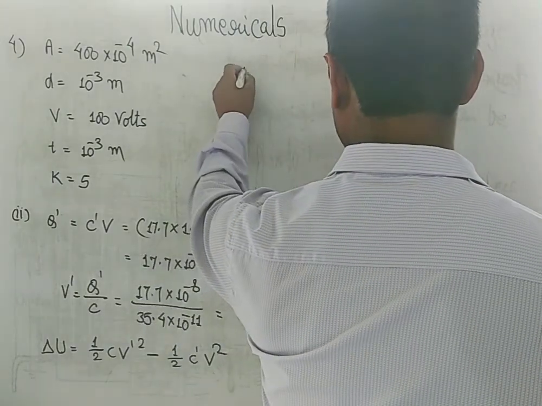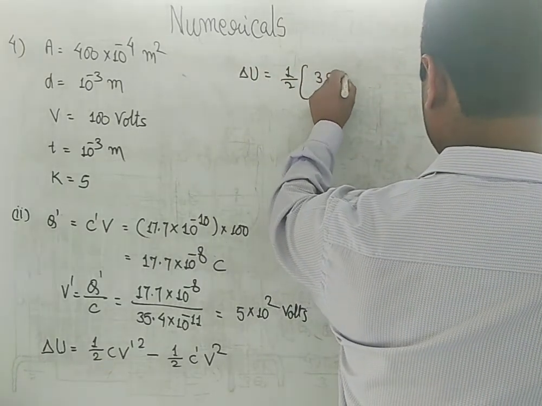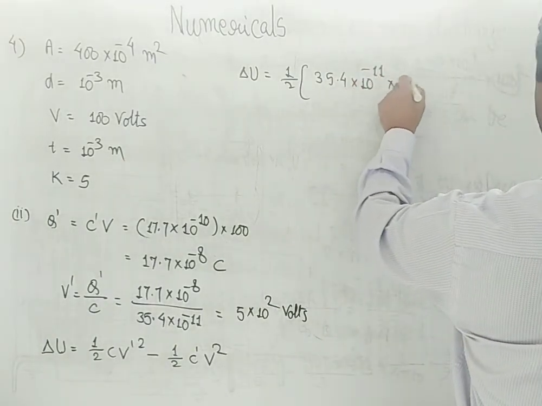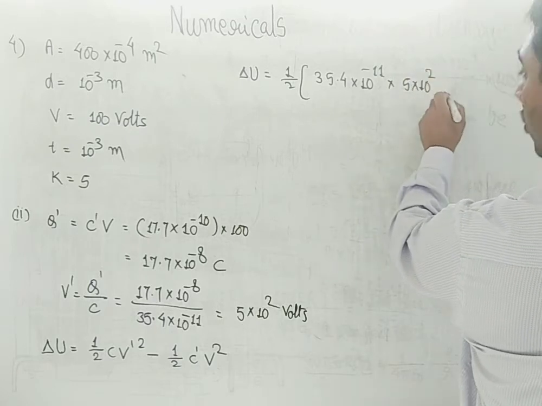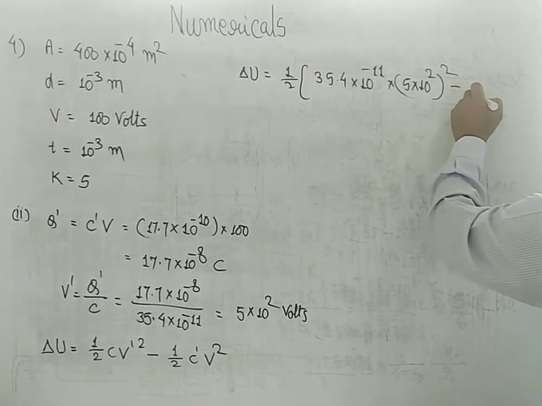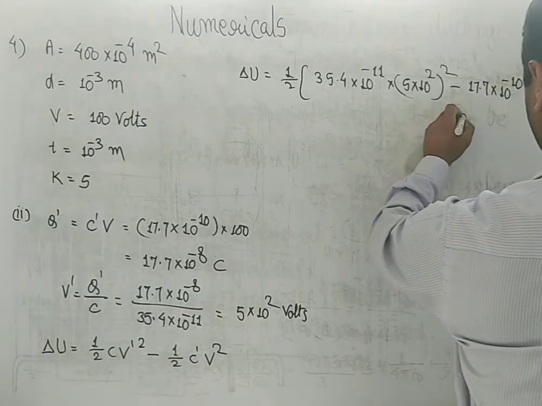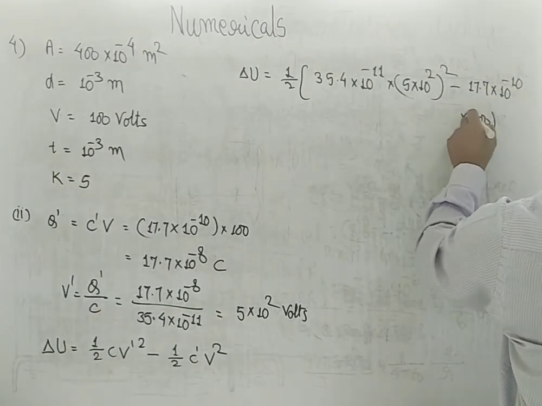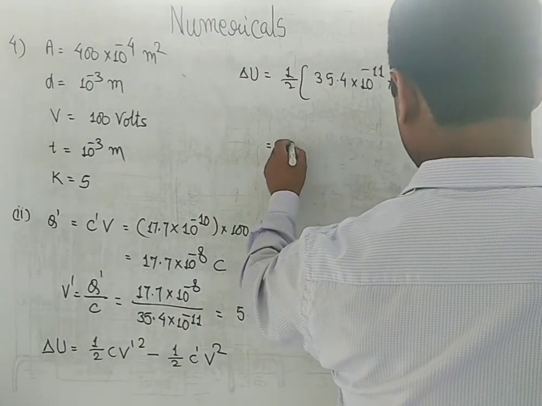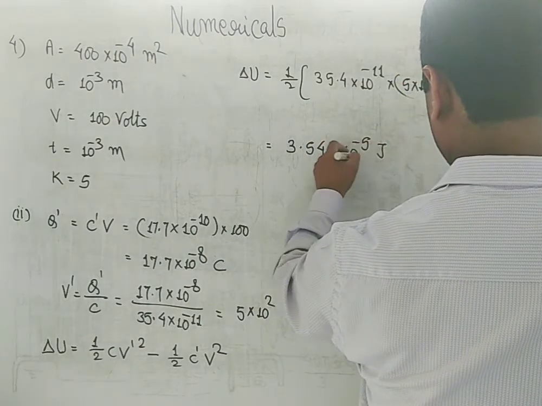Now just placing these values, we have half into 35.4 into 10 to the power minus 11 into 5 into 10 to the power 2, square, minus 17.7 into 10 to the power minus 10 into 100, potential square. Simplifying this, we get 3.54 into 10 to the power minus 5 joule.